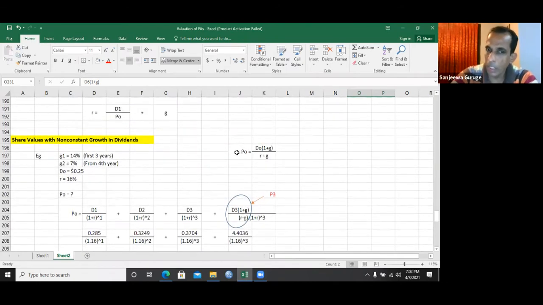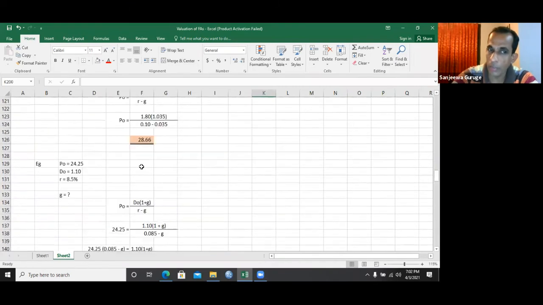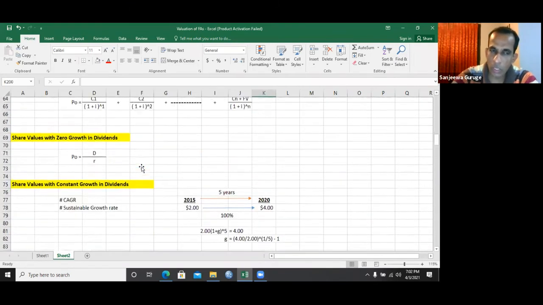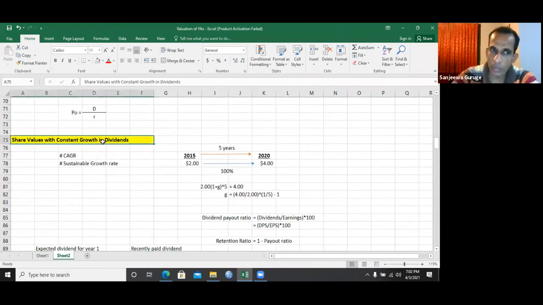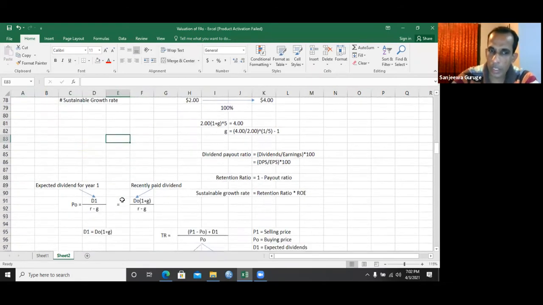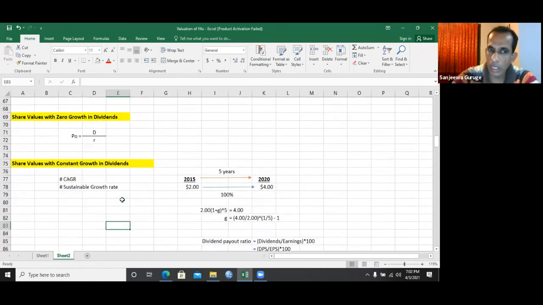For example, this is the formula we use assuming the constant growth starts from the beginning, with only one constant growth rate. When we assume the dividend is growing at a constant rate from the first year, the constant growth starts from the first year itself.